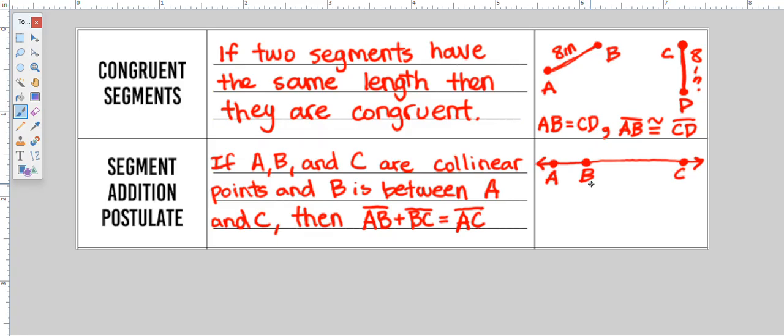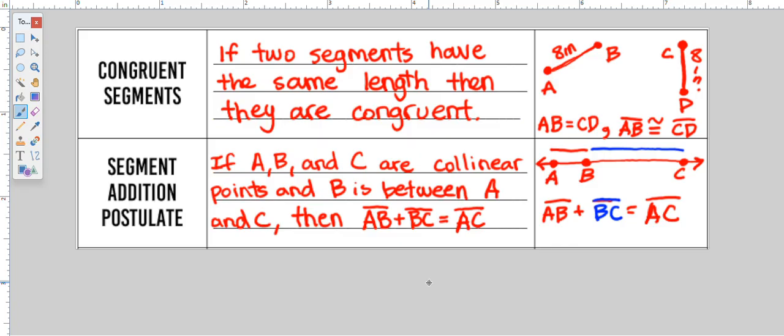The only guarantee is that B is somewhere in between A and C. Then that tells us that the distance from A to B plus the distance from B to C will give me the total distance from A to C. So again, A to B plus, I'm going to do this one in blue because I gave you that line in blue, B to C gives us A to C, the whole line segment from A to C.